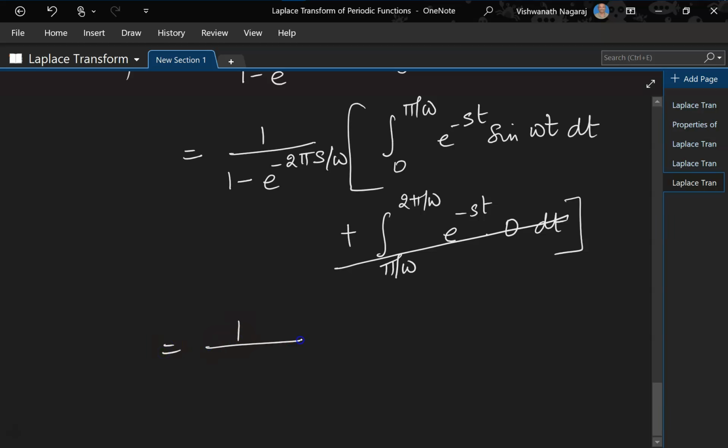Okay, so this becomes 1 by 1 minus e to the power of minus 2 pi s by omega times.